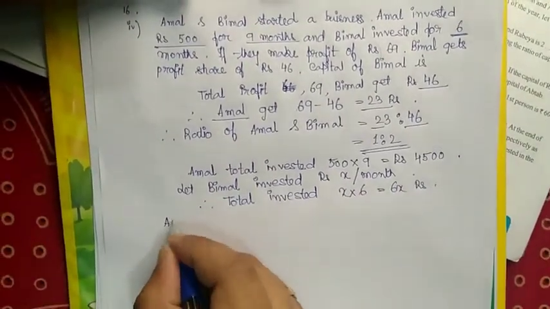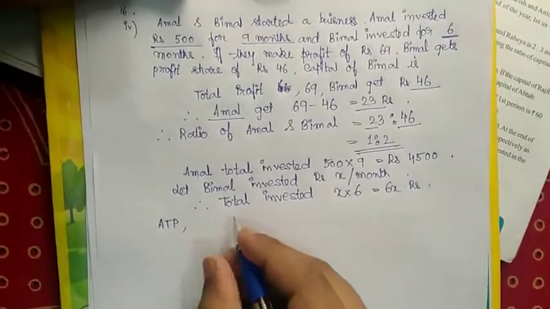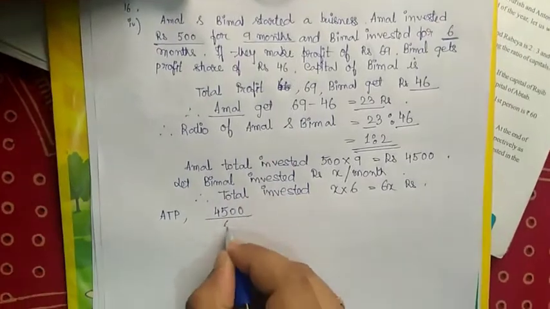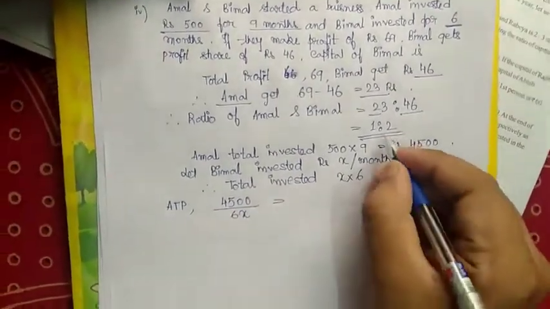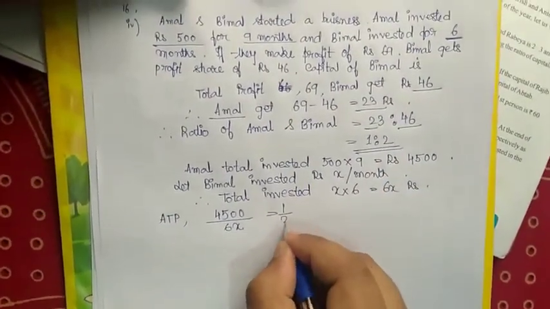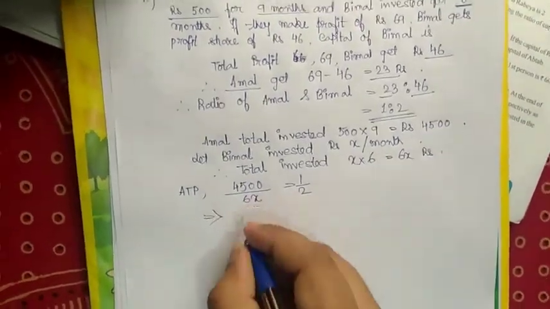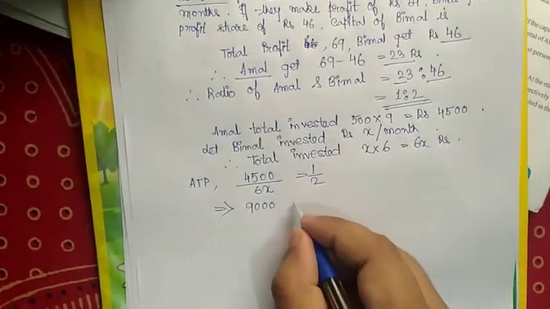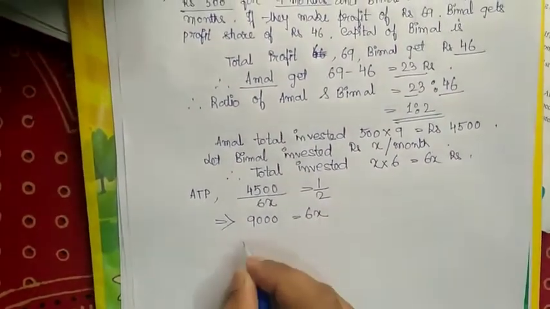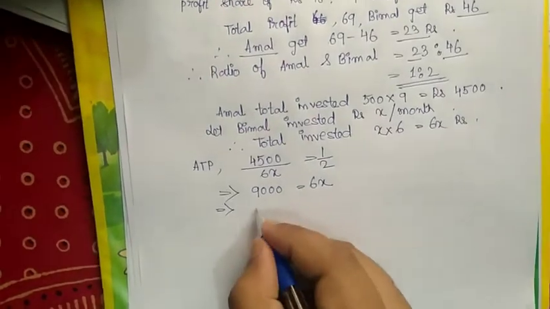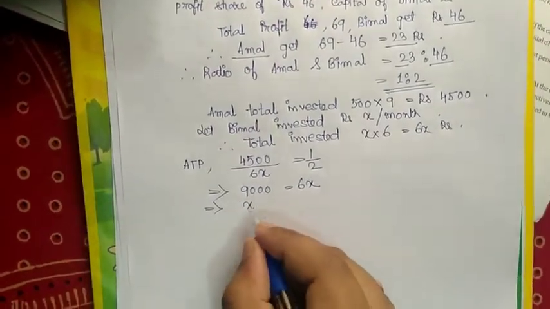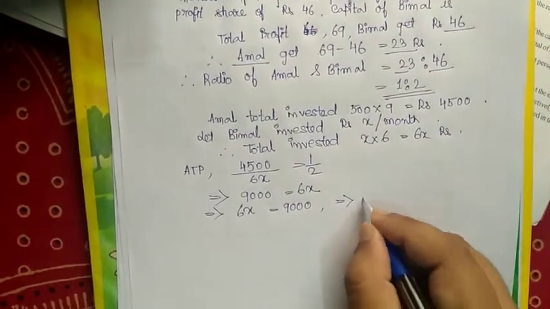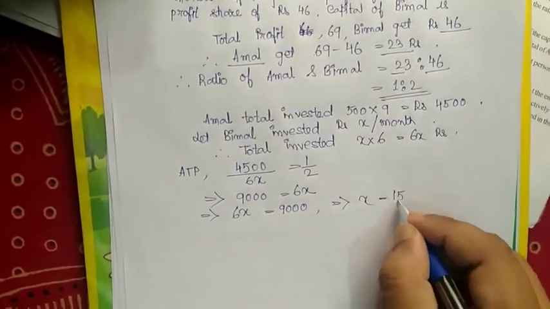So according to the problem, Amol invested total 4500, Bimol invested 6x, and the ratio is 1:2. x equal to 1500.